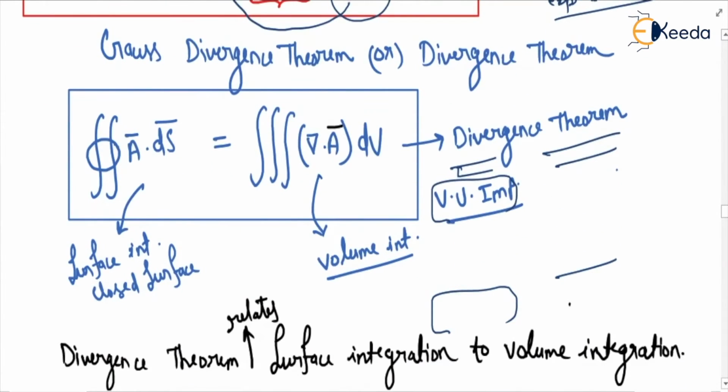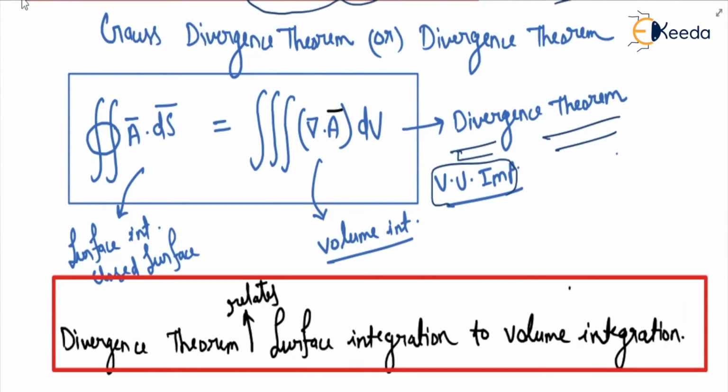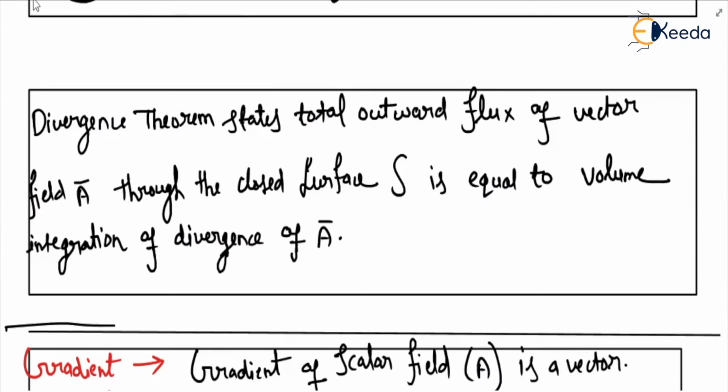This RHS is the volume integration in the divergence theorem, and on the LHS it is a surface integration. So remember students, divergence theorem relates the surface integration to volume integration.